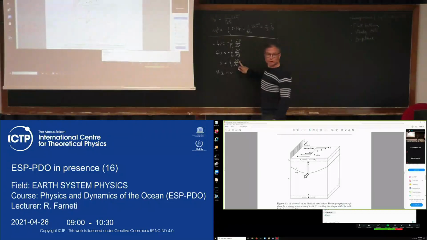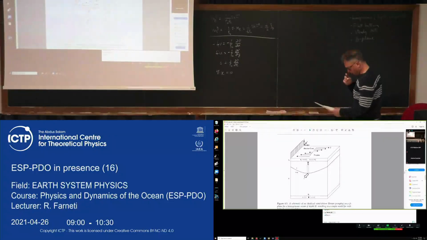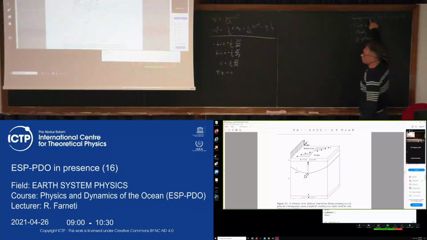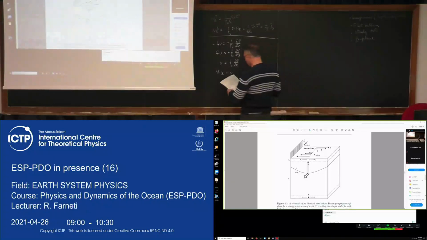So hydrostatic balance reduces to this. We have used the homogeneous case, so rho prime is equal to 0. Flat bottom we don't know yet. Steady state we will see later. Now we can use the beta plane in these geostrophic equations.